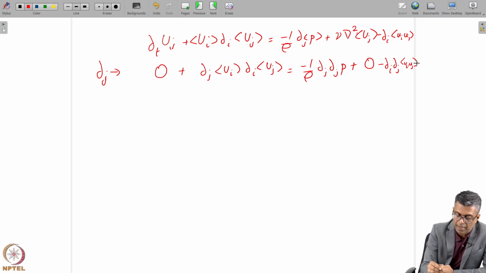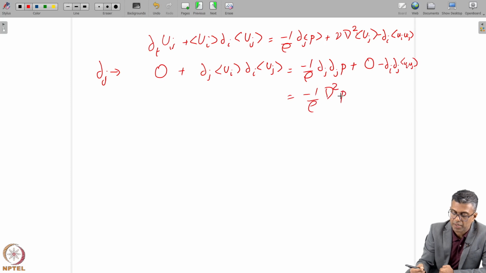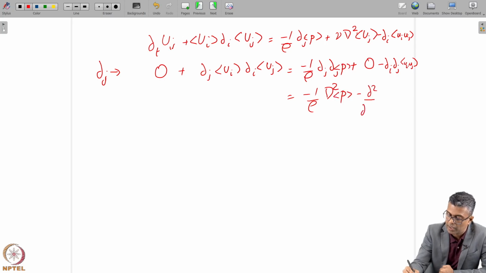So then if I write this in, this becomes minus 1 over rho del squared p, isn't it? And this is actually mean P. And then I will have minus del squared over del x_i del x_j of the Reynolds stresses.